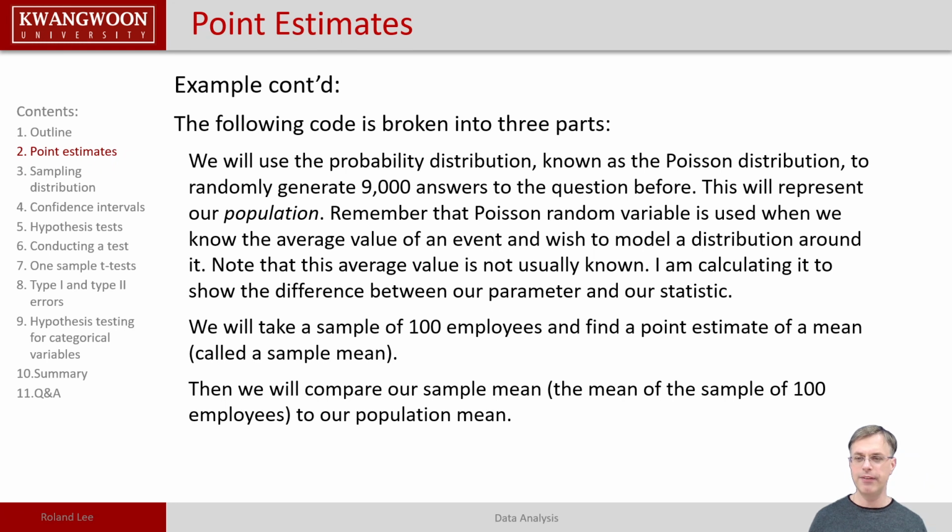So we will take a sample of 100 employees using the Python random sample method and find the point estimate of the mean. Note that this is just over 1% of our population. Now we will compare our sample mean, the mean of the sample of 100 employees, to our population mean.